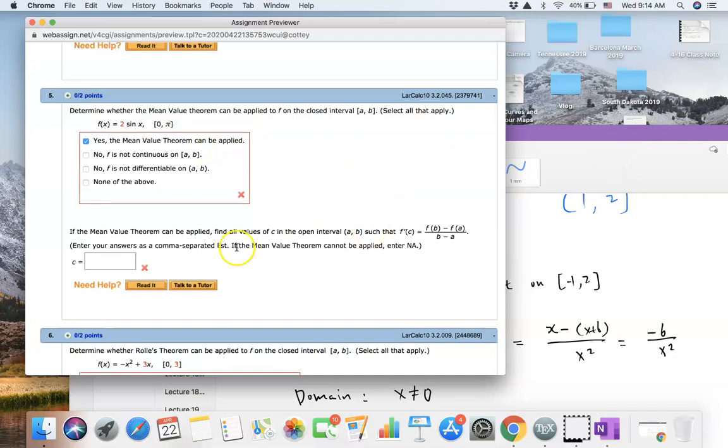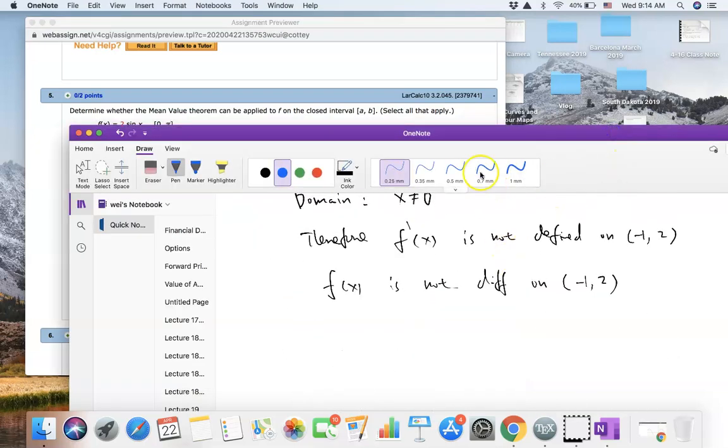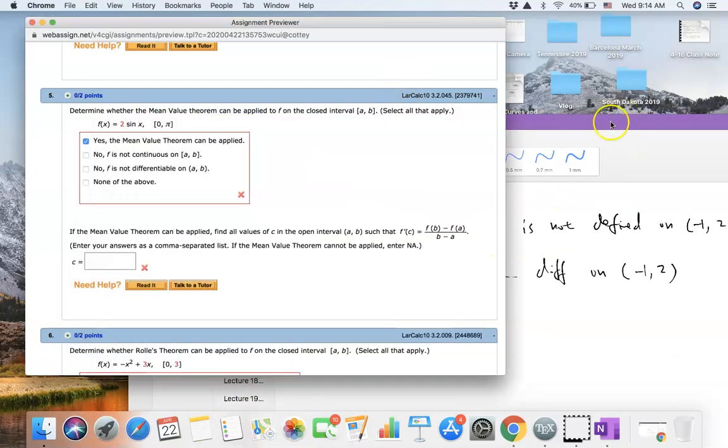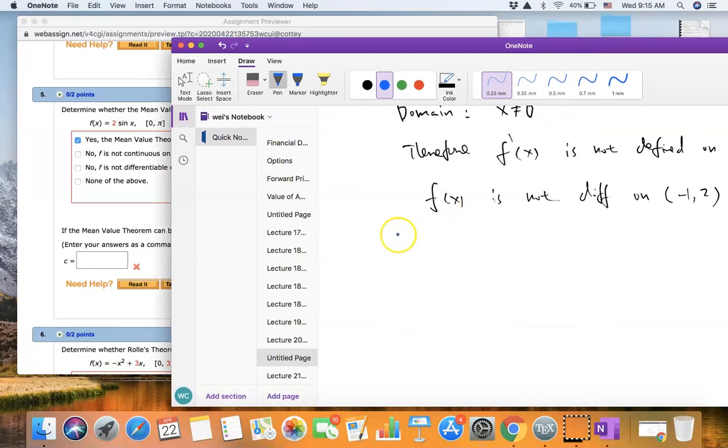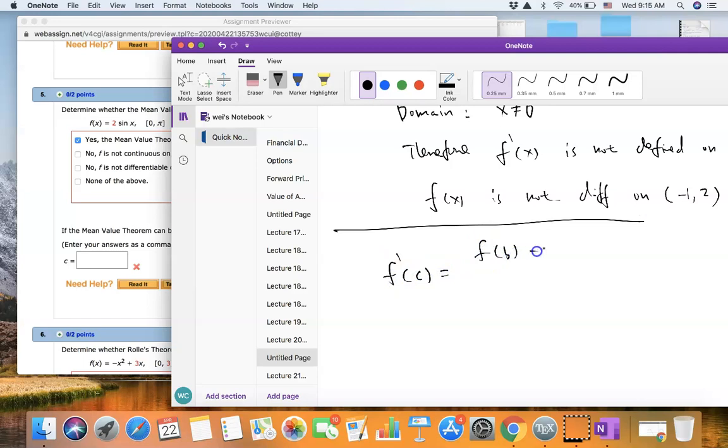And then to find what c is, because f prime of c equals f of b minus f of a over b minus a.